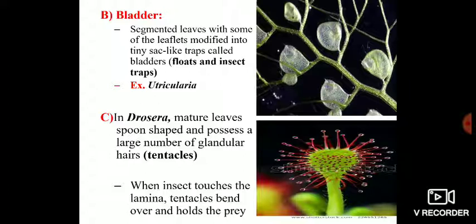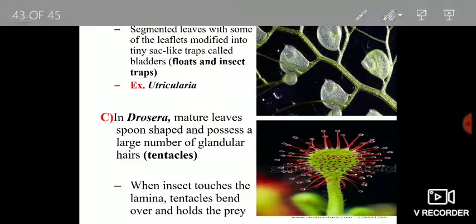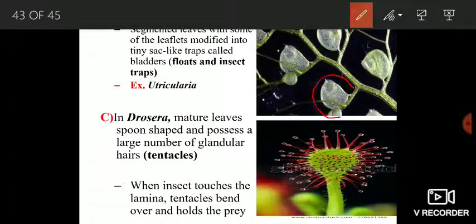Then another type is bladder. These structures are present in aquatic plants whose leaves are segmented. That means they possess minute leaflets. Some of these leaflets get modified into tiny sac-like traps which are known as bladders. Here you can see this is the bladder of Utricularia.